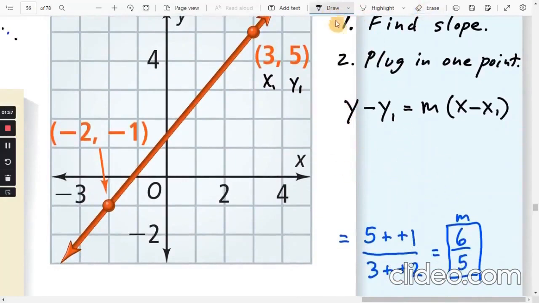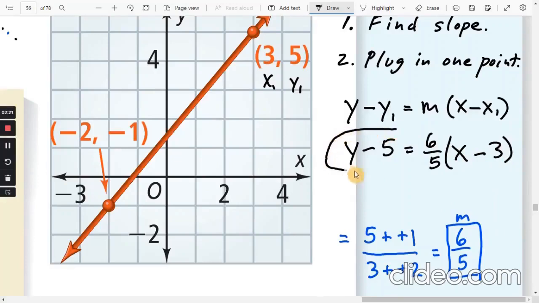If we do y minus y1, that's going to be y minus 5, and that equals m, which is 6 over 5, times x minus x1. X minus x1 is 3. And that's it. If you want to use the other point, you certainly can. You can make this x1 and y1.